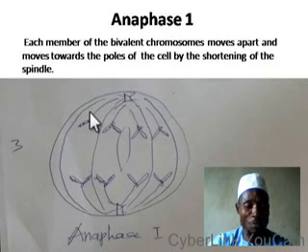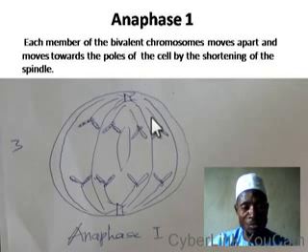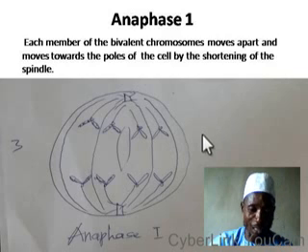The spindle fiber is shortening, and thereby the homologous chromosomes move to the end of the pole for the division of the cell to take place. It's shortening to enhance the movement of the homologous or bivalent chromosomes to the end of the cell for the division of the cell to take place.